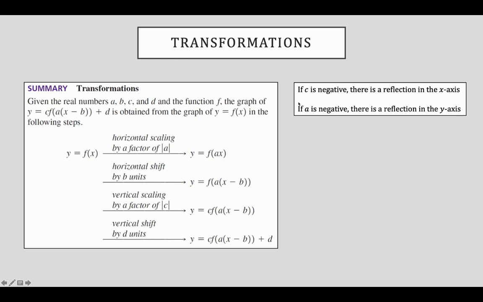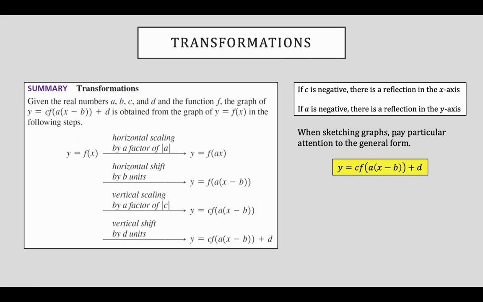And as we just discussed, if c, the constant multiple in front of the parent function, is negative, there is a reflection in the x-axis. And if a is negative, that's the constant multiple inside of the parent function, there is a reflection in the y-axis.